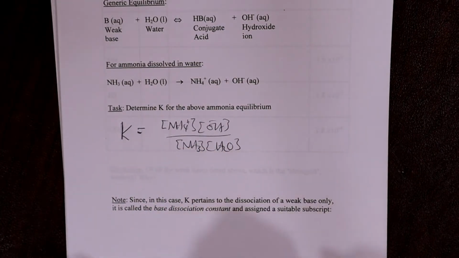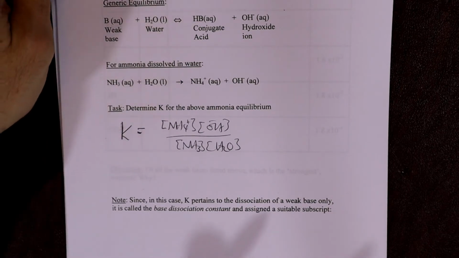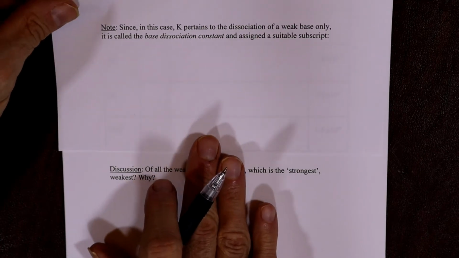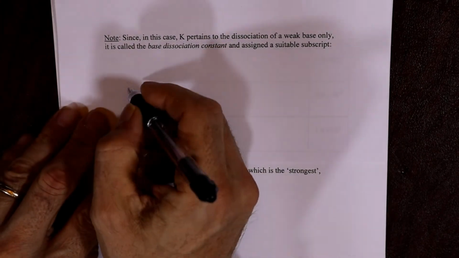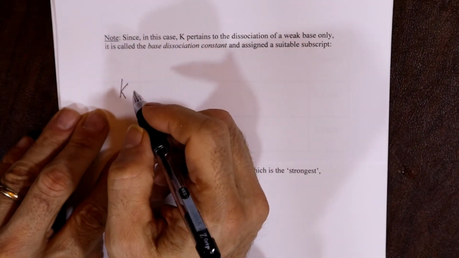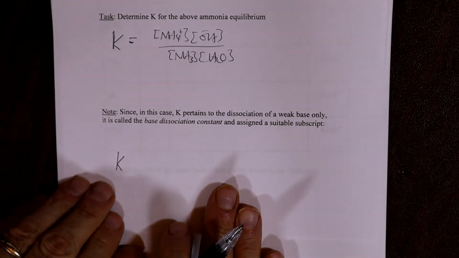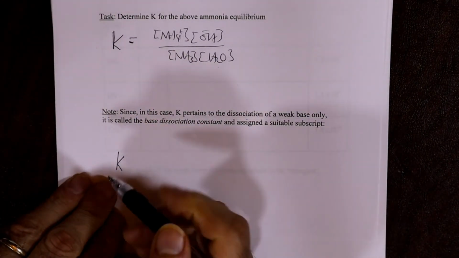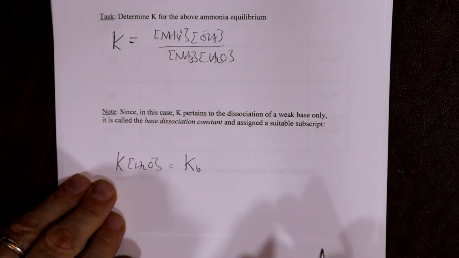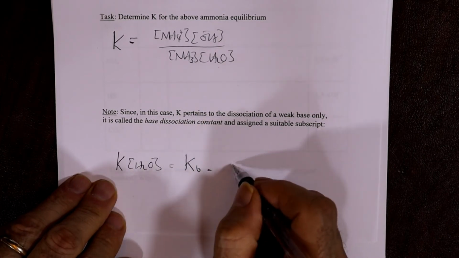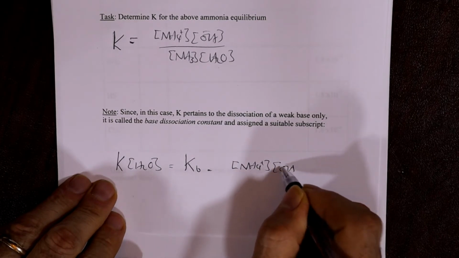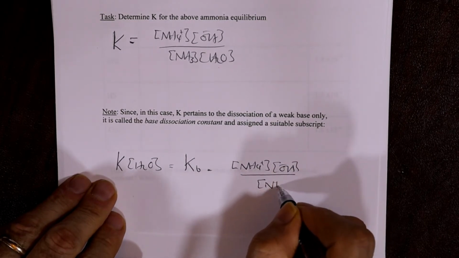Same deal as before. We can derive a new constant from combining a couple of constants here. So we'll just do that real quick. K times the constant, which is the concentration of water, equals a new constant, Kb, B for base, which equals NH4 plus times OH minus over NH3.